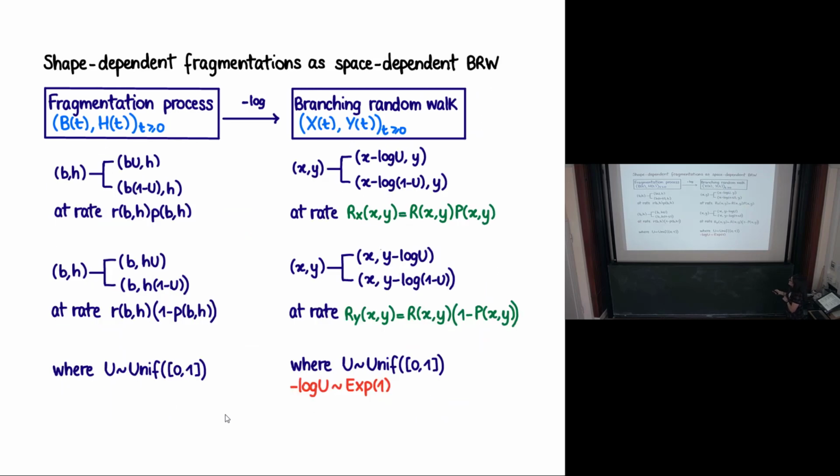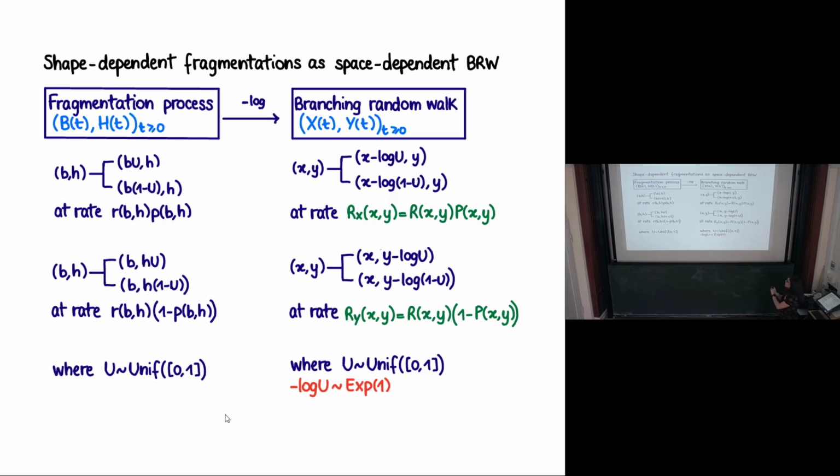So what happens to the jump is the following. When there is a jump along the base, then the rectangle BH becomes b times u and b times 1 minus u with the same height. And the rate is just going to be r times p. So for the branching random walk, if you take minus log, you will just see a jump in the first component, and the two children particles will have a new position given by the same uniform random variables, and the jumps will be minus log of u and minus log of 1 minus u.